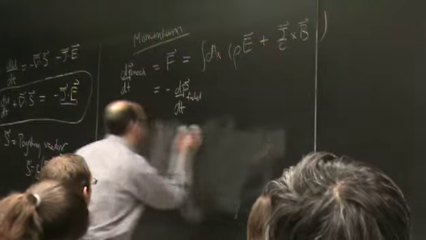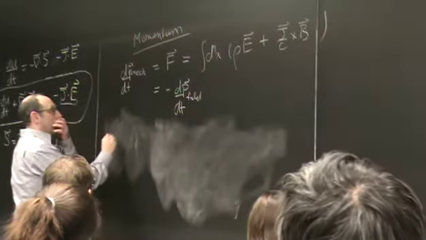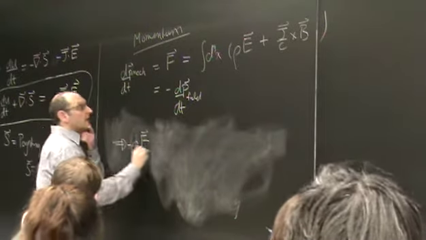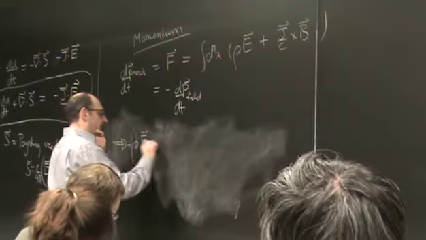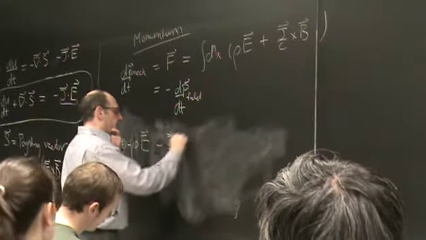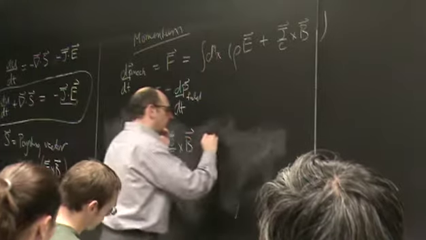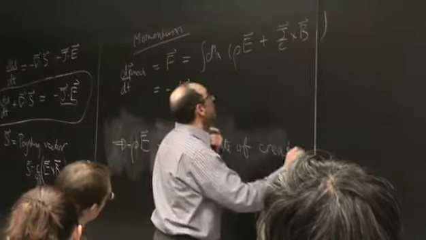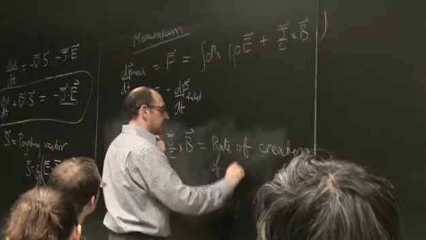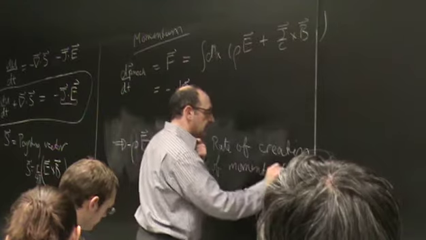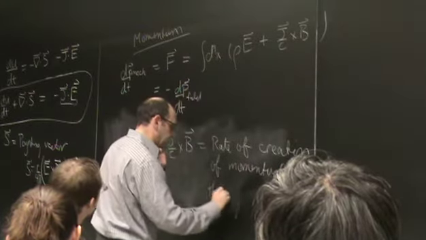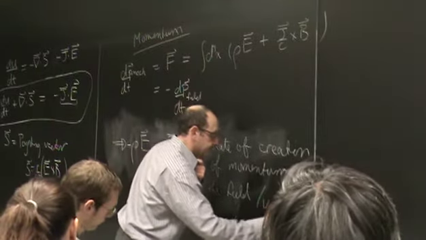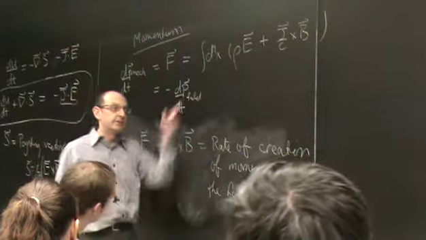Let me go back to that and just say the following, that if rho plus J over C cross B is equal to the rate of creation of momentum in the field per unit volume. Just looking at this equation.